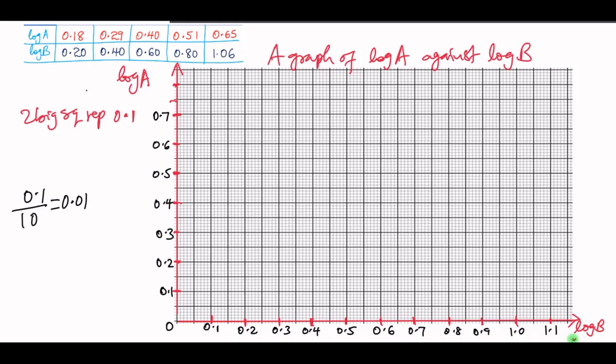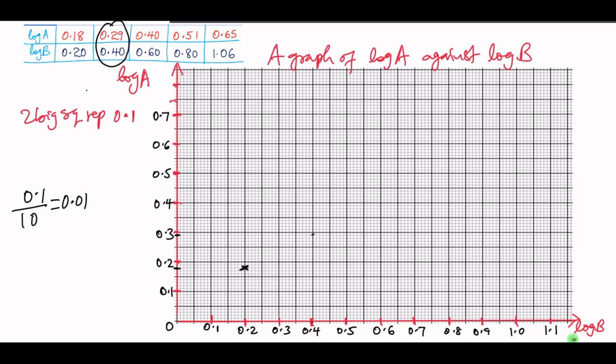Therefore, plotting 0.18 at this particular point, then log b is 0.2. So this is the plotted point. Then I plot the other point, which is 0.29 and 0.4. 0.29, so this particular point, and then 0.4 is here.